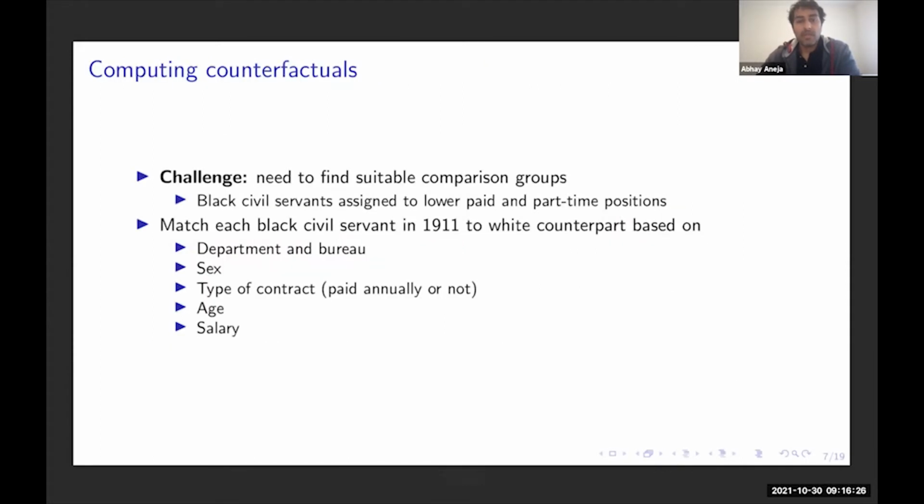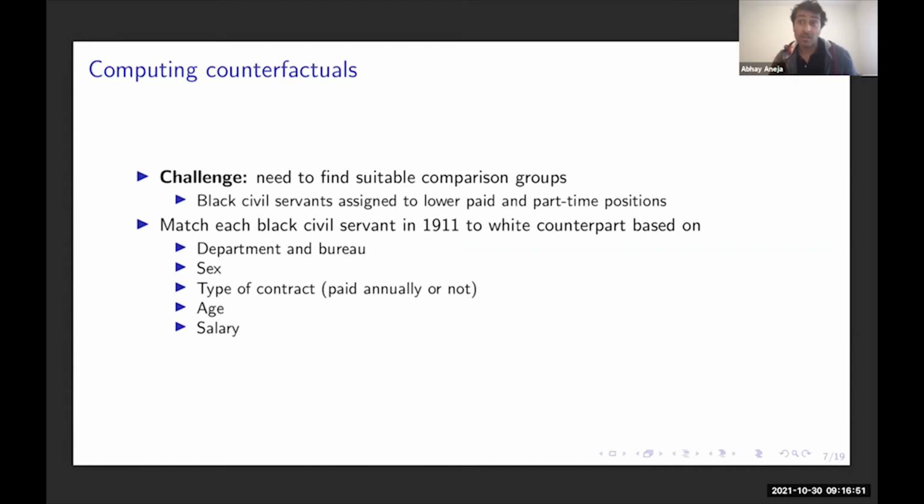Great. So let's dive into the analysis quickly. One challenge for us in being able to really assess how segregation affected Black civil servants relative to white civil servants is thinking about the right counterfactual for understanding the effect of this policy of discrimination. So what we're going to do is use a combination of matching and differences.